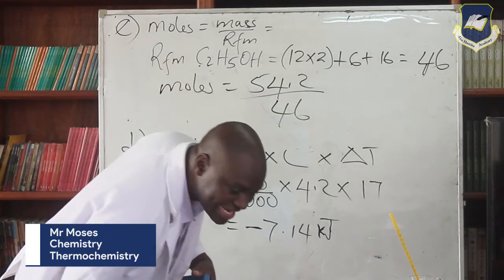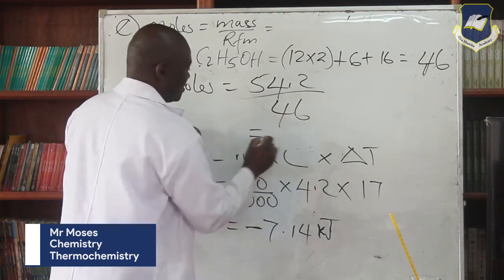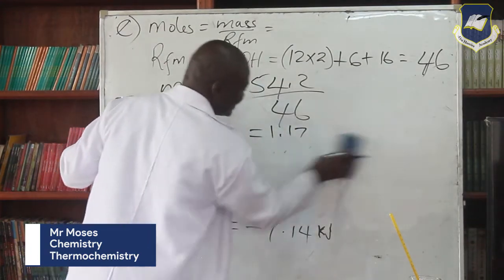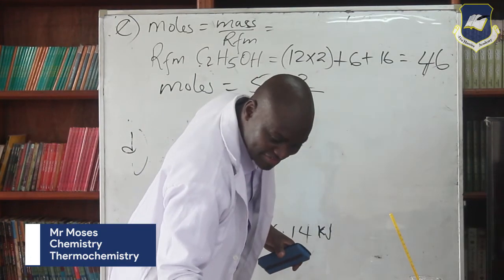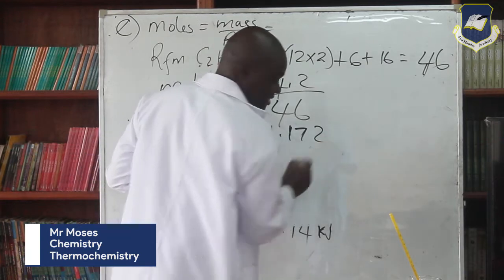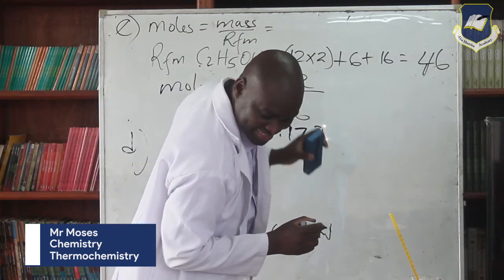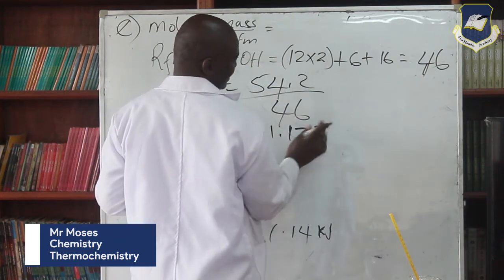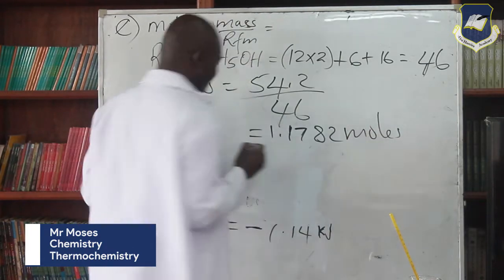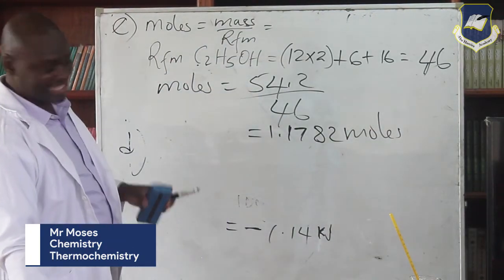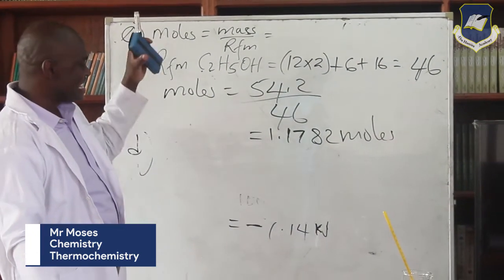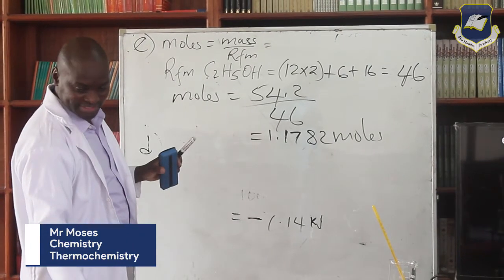We have 1.1782, and always correct moles to 4 decimal places. Like that, moles. So we have burned a lot of moles. That's the number of moles. Make sure the moles is in 4 decimal places.